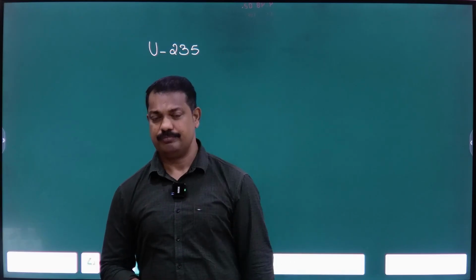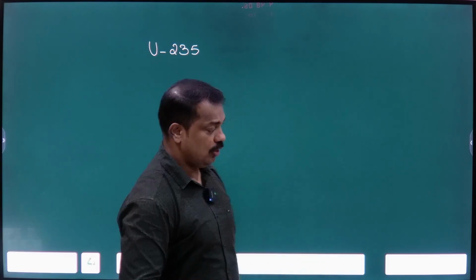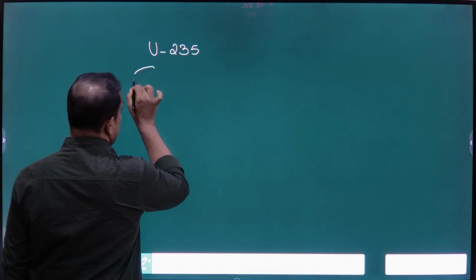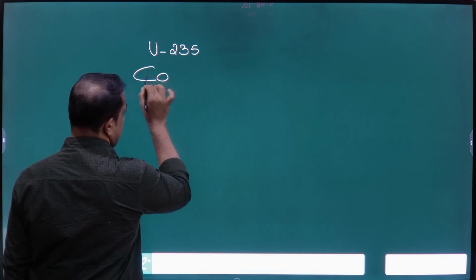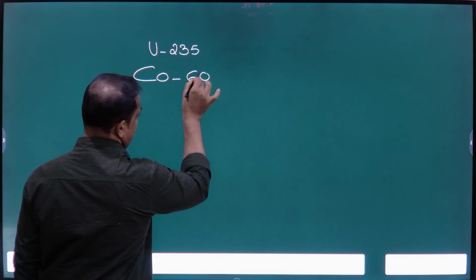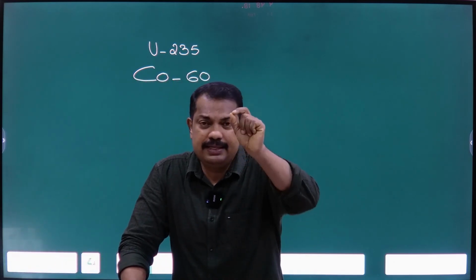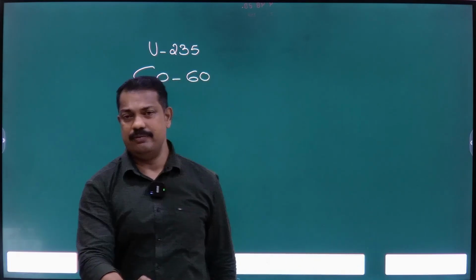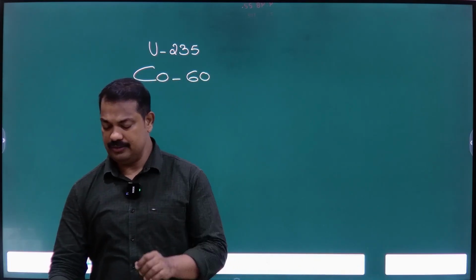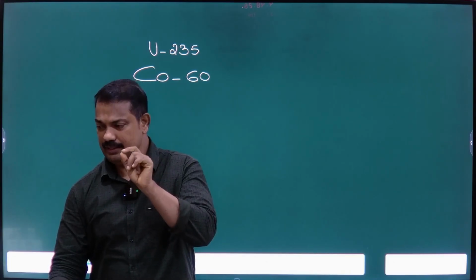Second one. The second isotope is cobalt, capital C, small o, cobalt 60. Cobalt 60 is used in the treatment of cancer. Yes, very good.